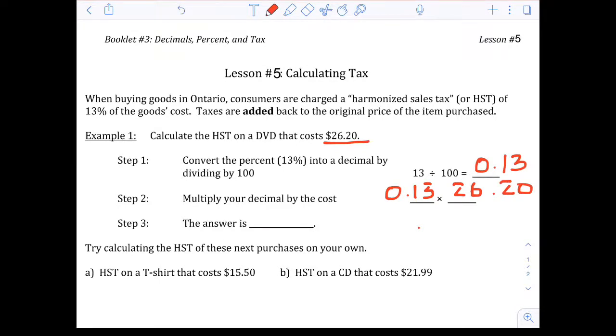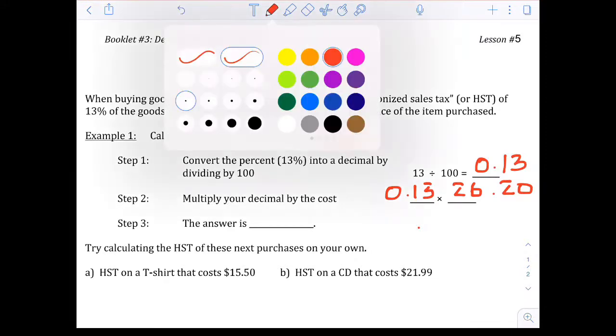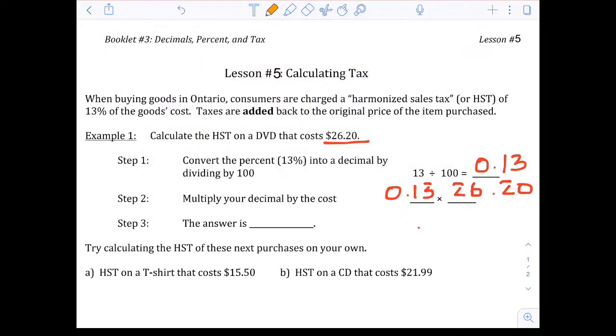When I put that into my calculator, 0.13 multiplied by $26.20, I end up getting a number that looks like this. It says 3.406. So we'll say we owe $3.406.